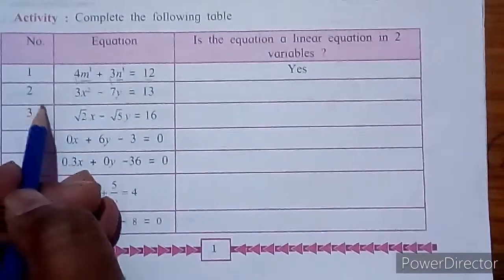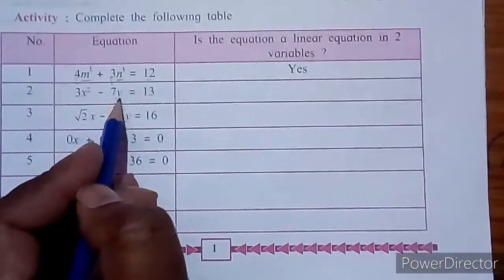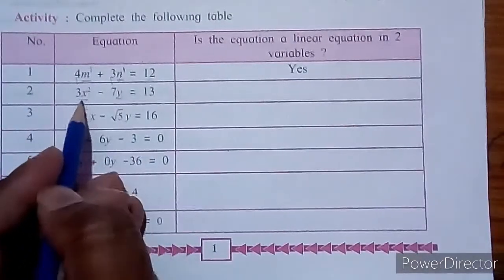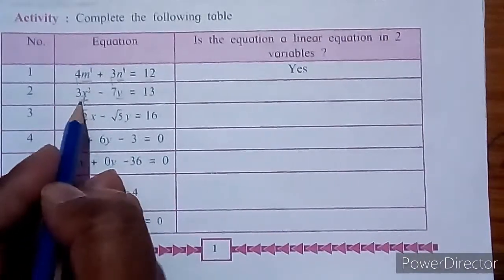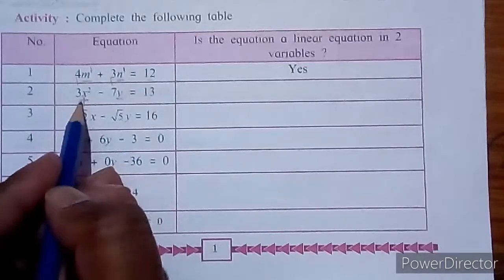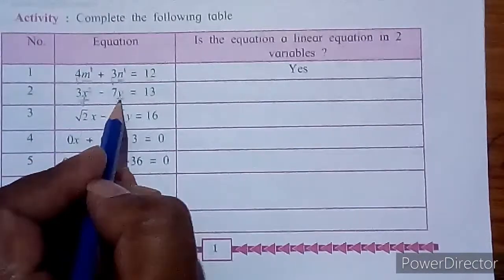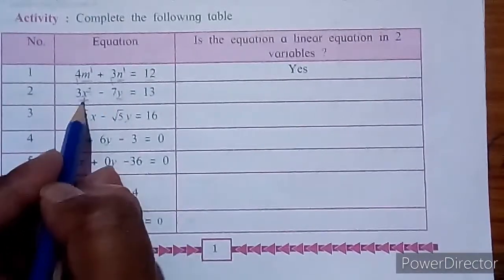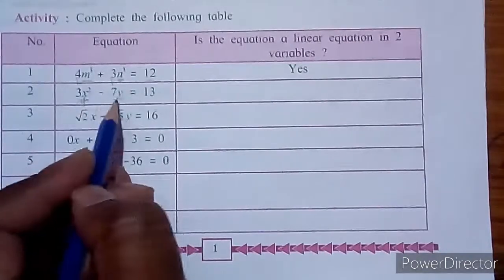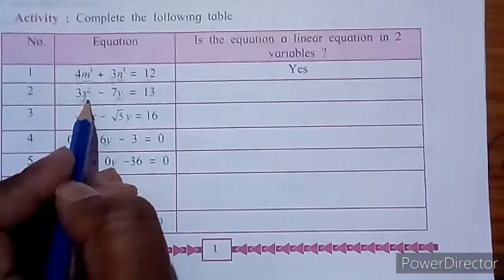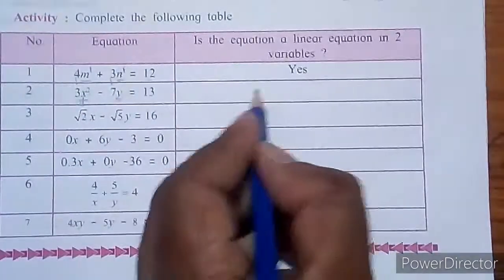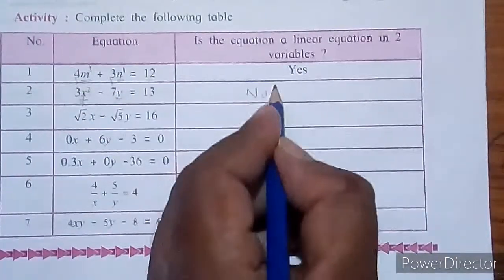Now moving to the second, here we observe that two variables are available, but the variable x has power 2, and in a linear equation it is mandatory that the power of each variable must be 1. But here the power of x is 2, that's why it is not a linear equation.